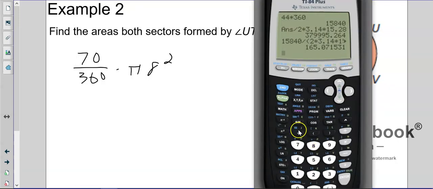So you can type in 70 divided by 360 times 3.14 or the pi key, whatever, times 8 squared, or you can just type in 64 if you know that in your head, and you get 39.1 rounded, or 39.08.